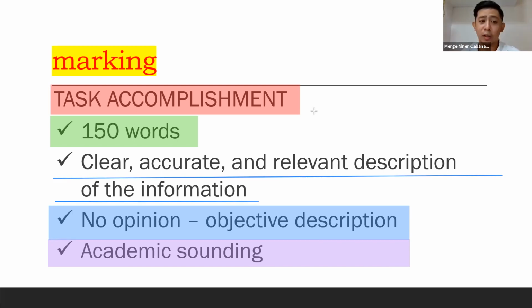So it's okay to exceed as much as possible. I encourage everyone to exceed 150. Wag magsasettle sa 150 lang. Write more than 150. 170 is the minimum number of words that I'm looking for. 220 is probably the maximum.